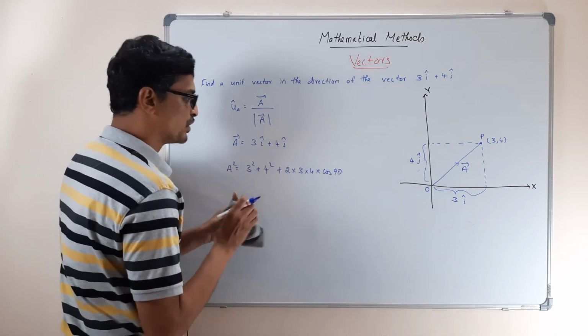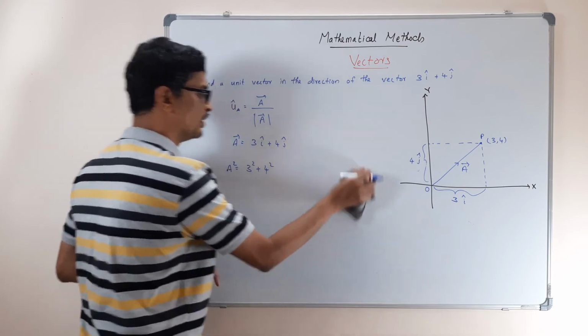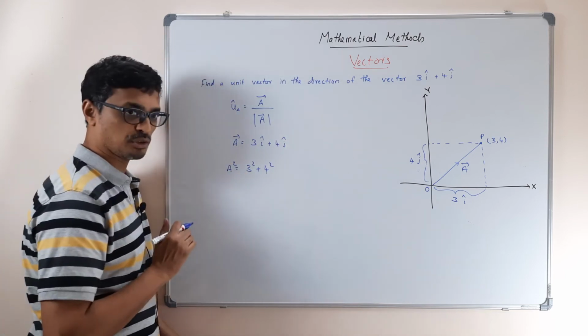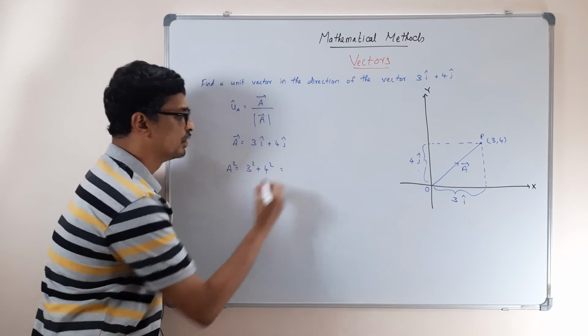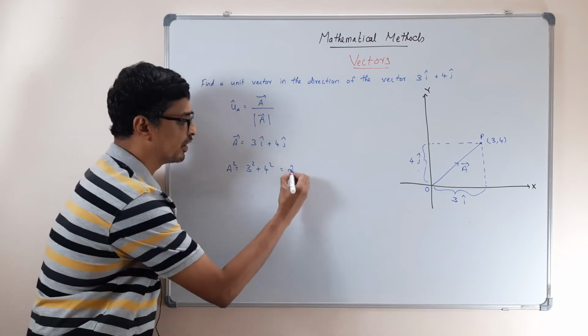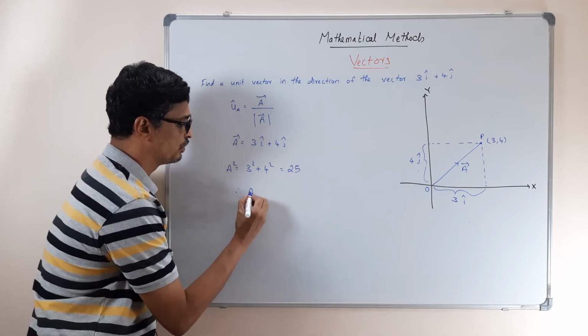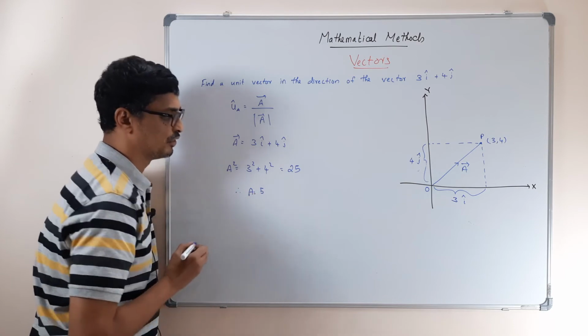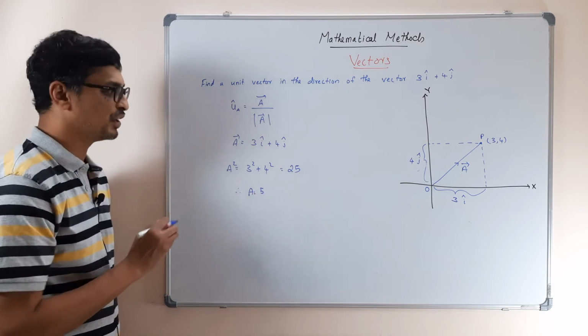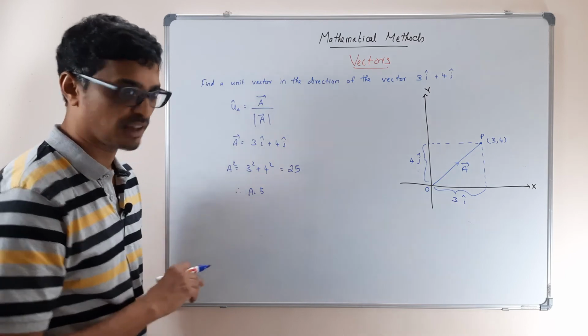So that becomes 0 and this goes off. So we have 3 square plus 4 square, that will be 25. Therefore, A equal to root of 25, so A equals 5. Not plus minus, because it is a magnitude.